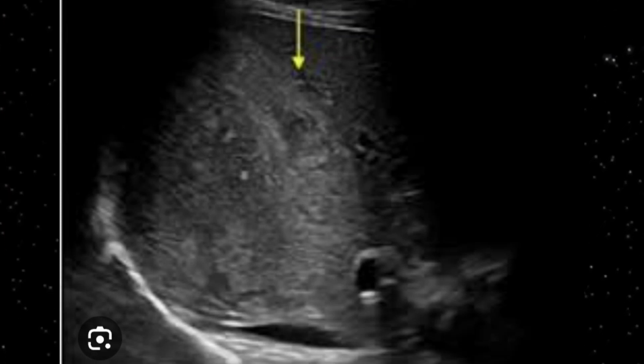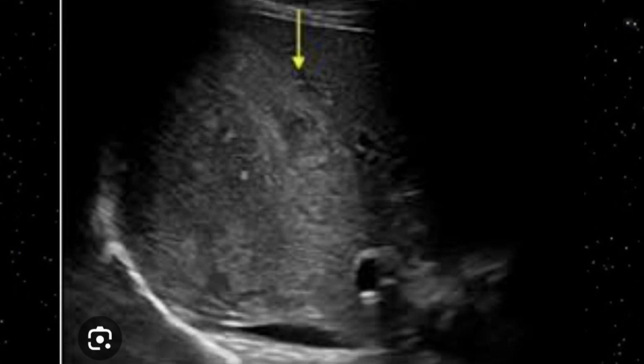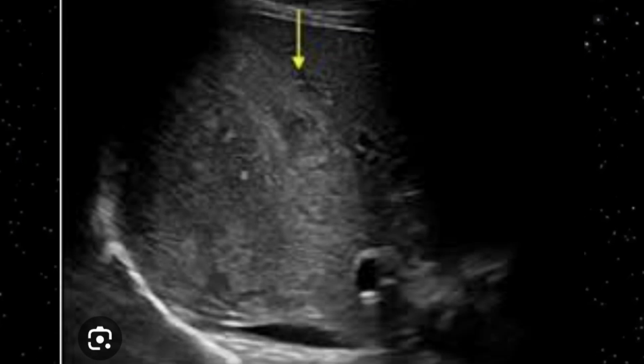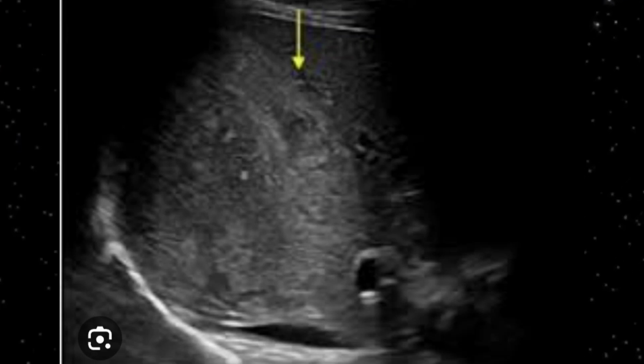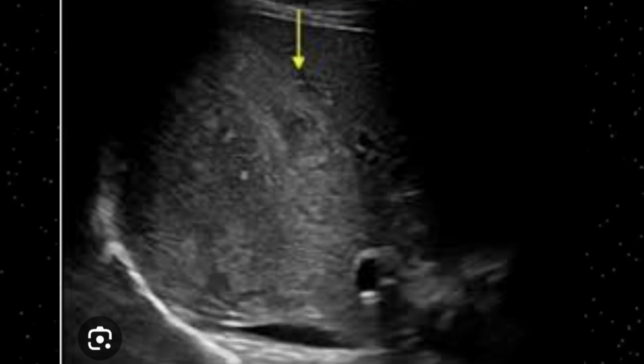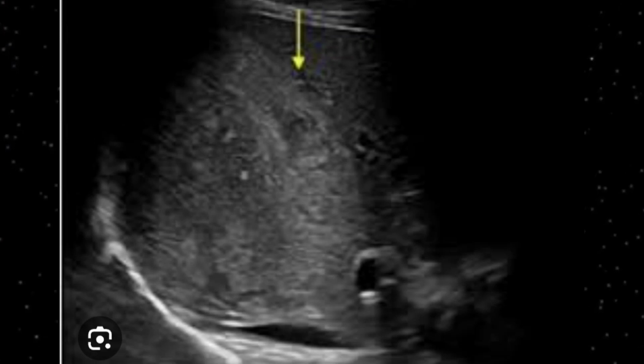This is actually a hematoma, considered an intraparenchymal hematoma. Whether the trauma is blunt or penetrating, you must look for intraparenchymal hemorrhage, laceration, or subcapsular hematoma or subcapsular laceration.